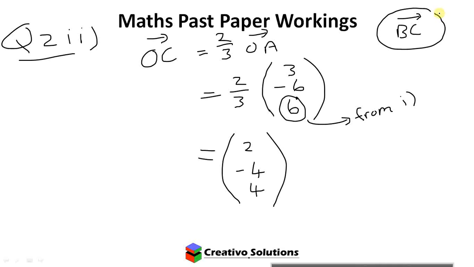Is this what the diagram would look like? The diagram would look like this, O, B, O, C, O, A, like that. This picture on page 210.